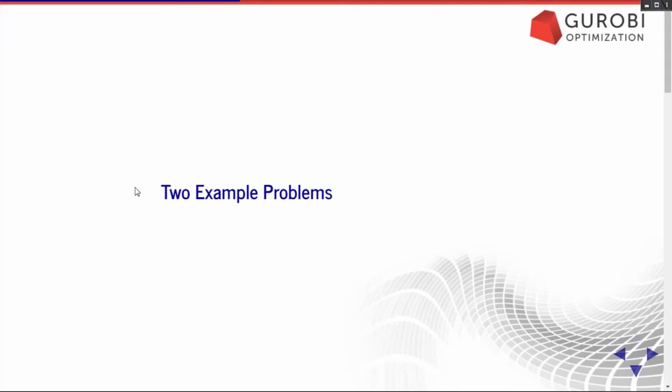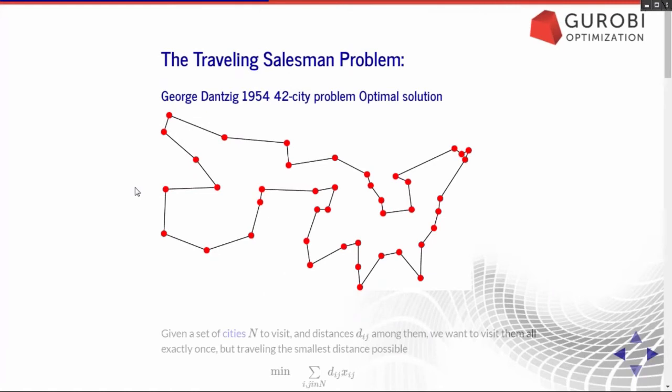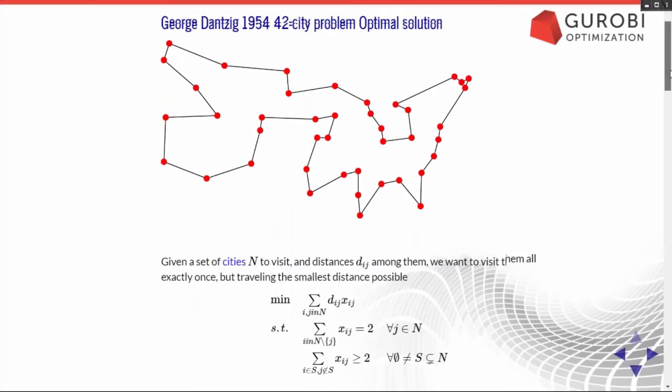So to show you an example of when this helps, I'm going to introduce two problems. One of them is the very well-known traveling salesman problem. That's actually the 1954 optimal solution to George Dantzig's TSP problem. And while the math, you all know it, I won't delay much.